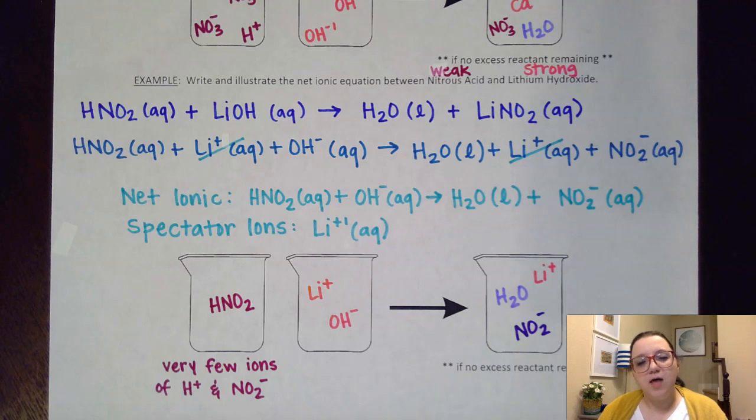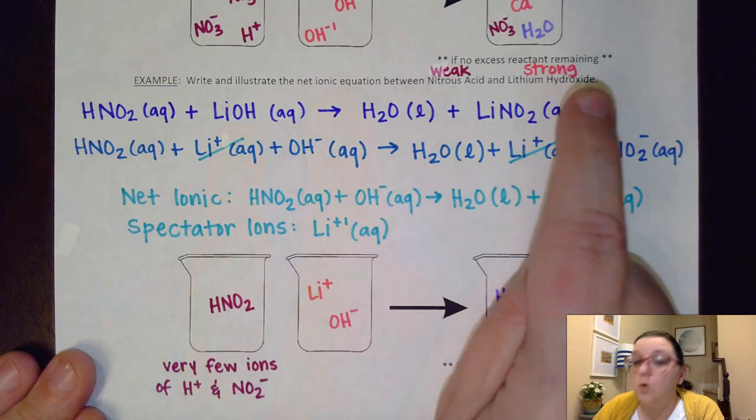And the reason for that is I'm trying to represent what the bulk of that solution is doing. And remember, we said that weak acids and bases dissociate less than 5%. Well, I'm not going to address what 5% of the solution is doing. I want to address what the 95% of the solution is doing. And the 95% of that solution is staying together, which is why I leave it together here.